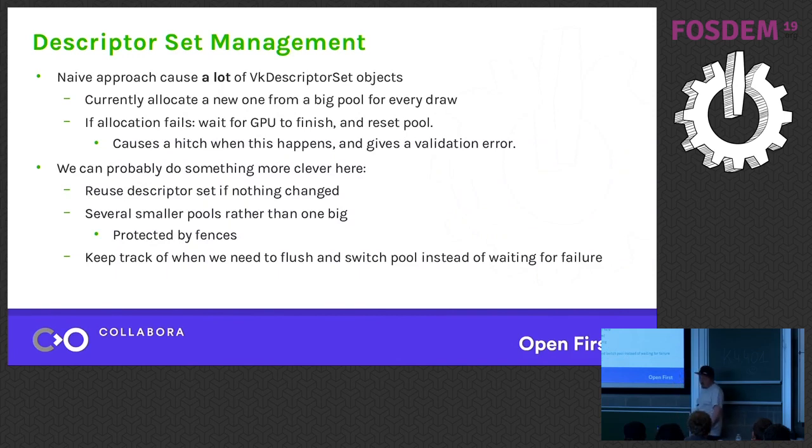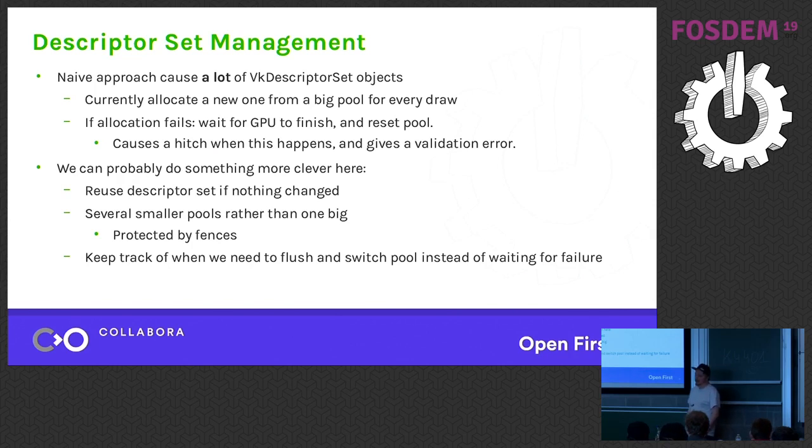Yeah, and then as you draw, we also need to deal with the descriptor sets. Currently, what we do is we create a huge descriptor set pool, and just allocate from there until the allocation fails. Then we flush the GPU, wait for the GPU to finish, and reset the pool.